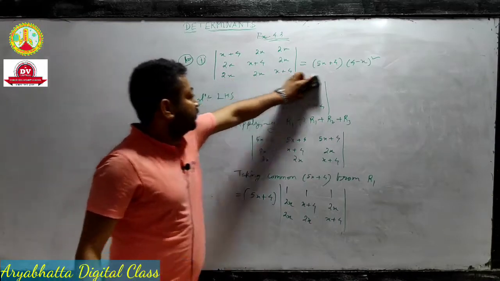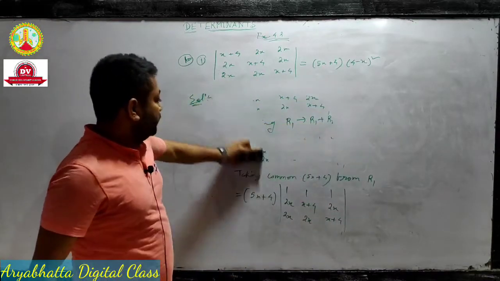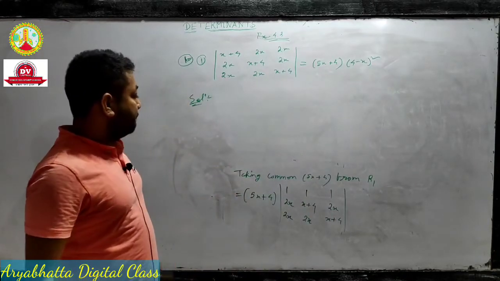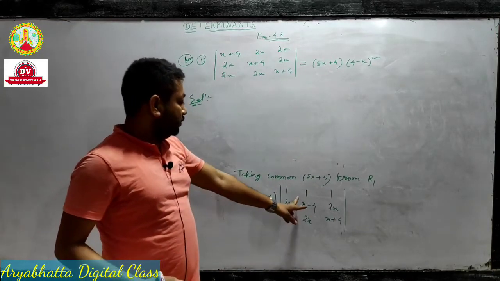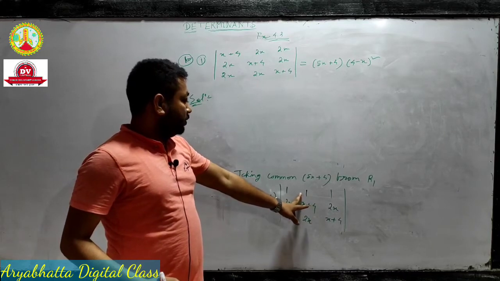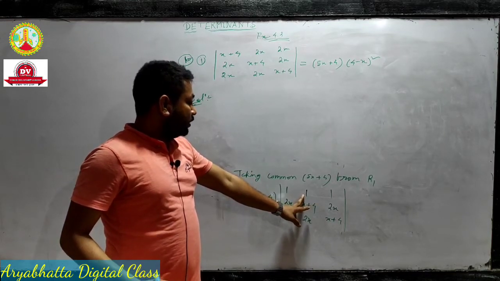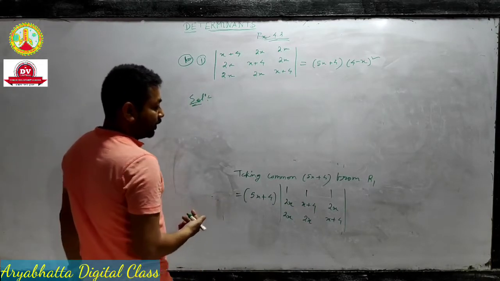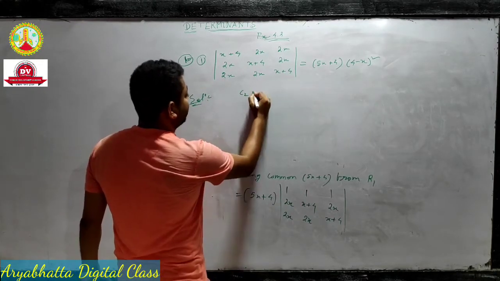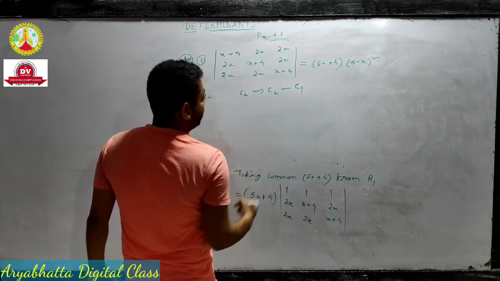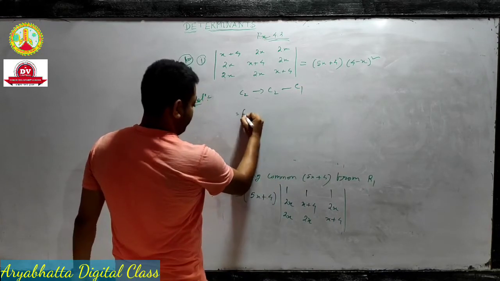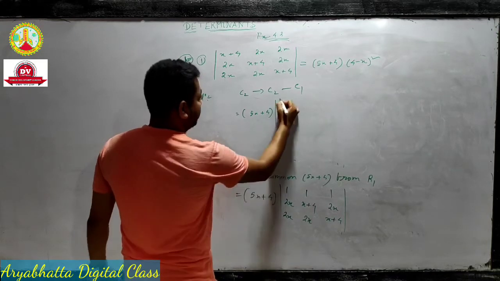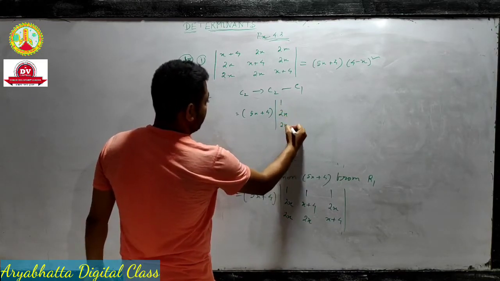Next, if we apply C2 tends to C2 minus C1, then we have 5x plus 4 into, C1 does not change: 1, 2x, 2x.